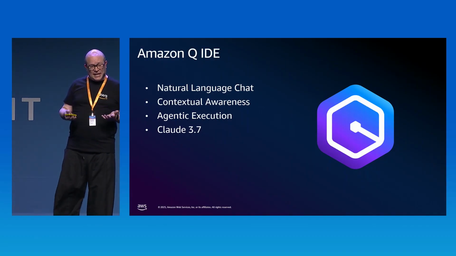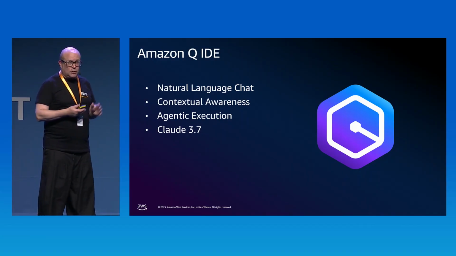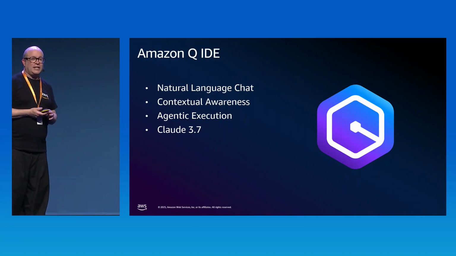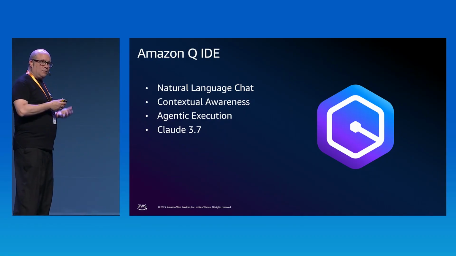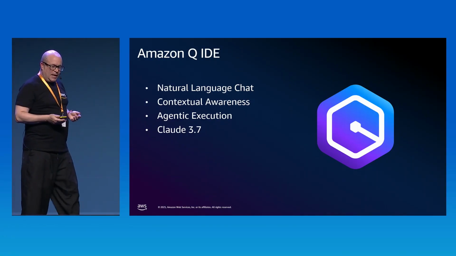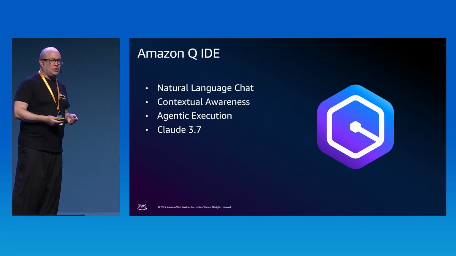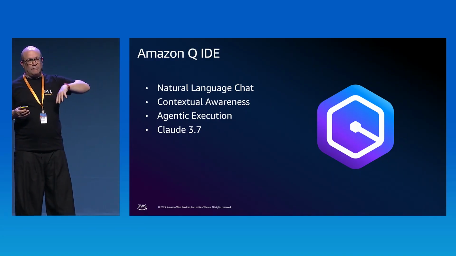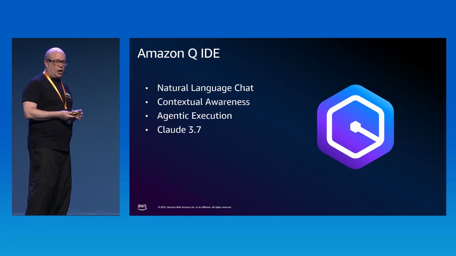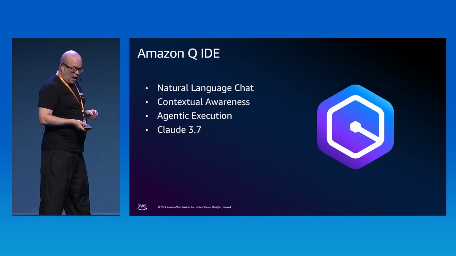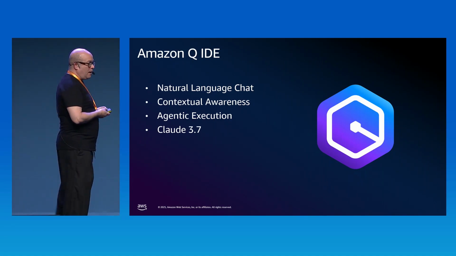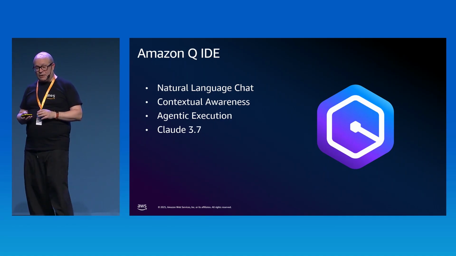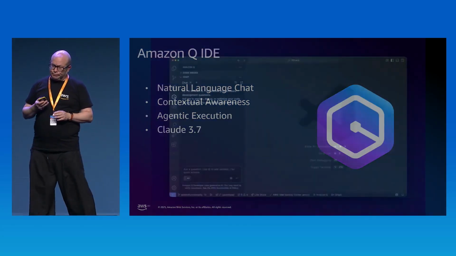It provides you with agentic flow, so you type in a chat very similar to what you saw in the text. You ask it to do something, and it will create code for you. You can follow the flow. It also has a number of agents, which will take the prompt you give it, break it down, start writing code, and give you the finished code for you to review afterwards. And it's powered by Claude 3.7 at the moment.